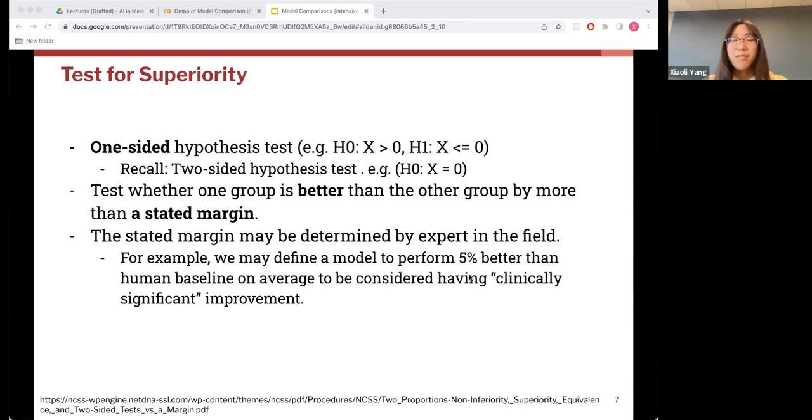Sometimes this margin is 5%, and it's a usual case, but it really depends on what kind of problem you are dealing with. And this margin is usually determined by experts in your field. So if you are working on a medical AI problem, consult the medical experts in your group to determine this margin.